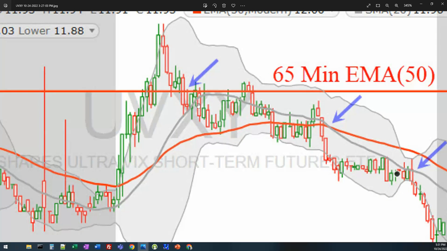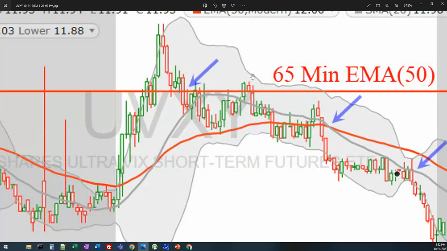Okay, look at this. Look where it bounced off of. Lo and behold, it bounced off of the 5 minute EMA 50 line. Look at that. It tried to come up, and look at that. Now the 65-minute EMA acts as resistance because the 5 minute candles could not close above it.